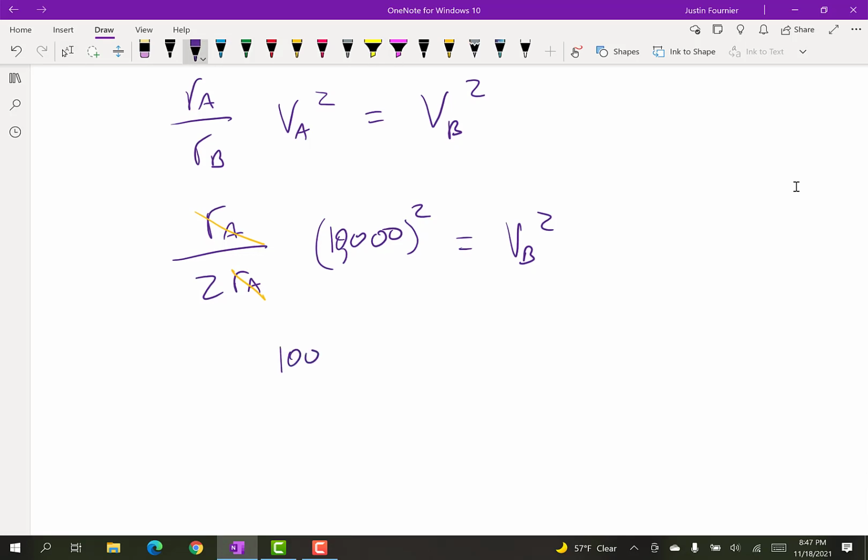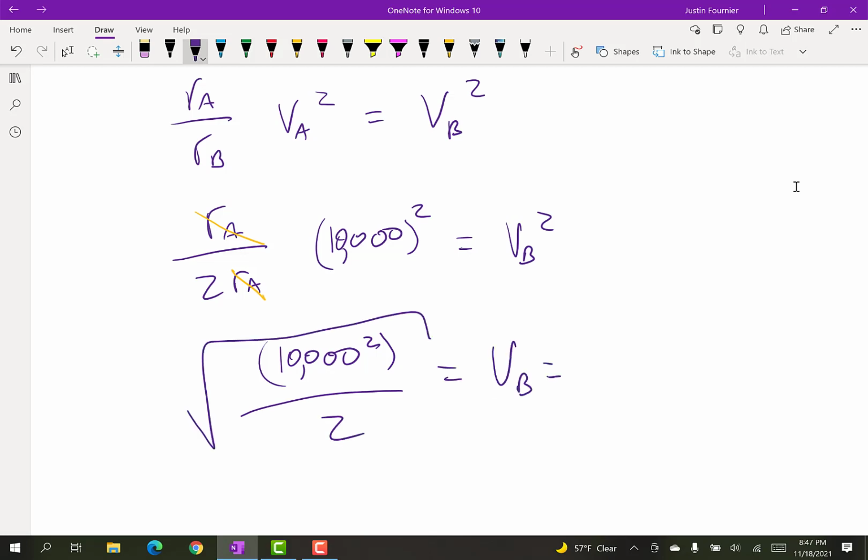So basically I have 10,000 squared divided by 2. Take the square root, and that's going to be vB. So I'm going to do that in my calculator here. That is 10,000 squared divided by 2, and take the square root, and I get 7,071 meters per second. And there you go. There's my answer. Hope that helped. Thank you. Take care. Bye.